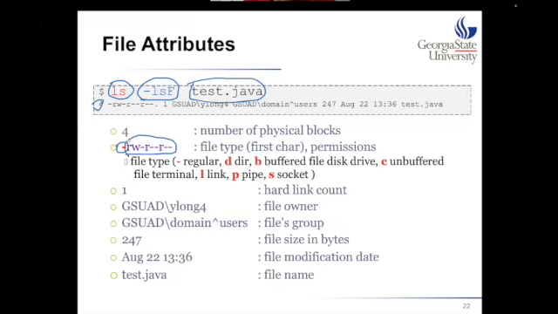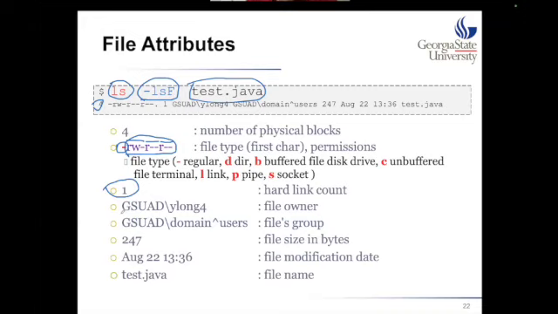The first three specify the permissions for the user, the second three specify the permissions for the group members, and the last three specify the file permissions for the other users who are not part of the same group. We will see the details of file permissions later, but this is for now. And then this is the hard link count, so we will not go into that and it will not be required for now.